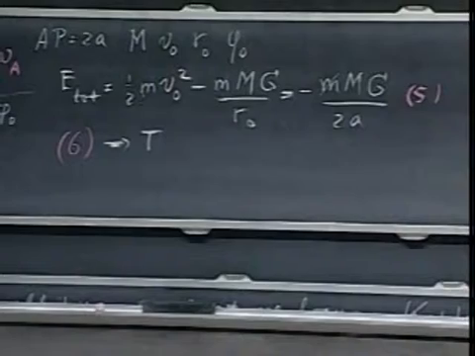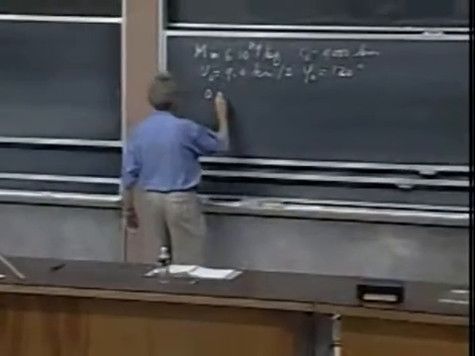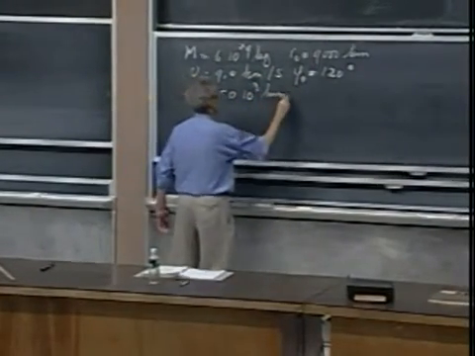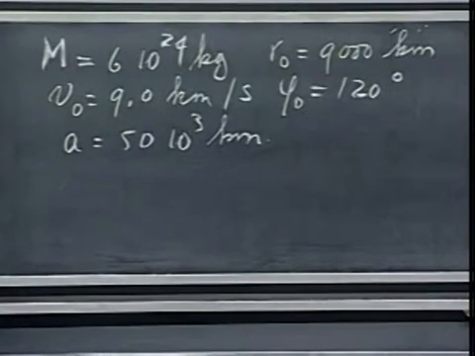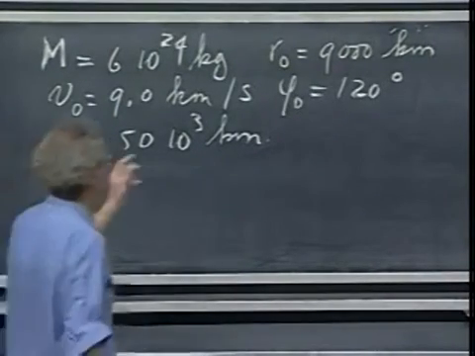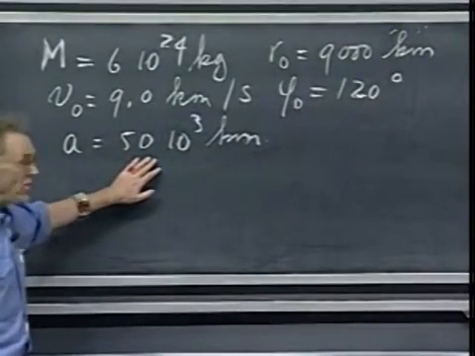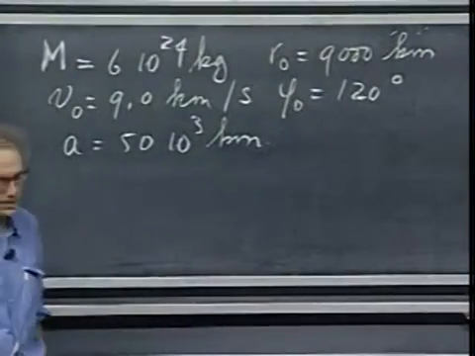You can confirm them and check them at home. And I find that a is quite large. a is about 50,000 kilometers. That's huge. That is almost infinity, not quite. Remember, it starts off at 9,000 kilometers, but a is 50,000 kilometers. That means 2a is 100,000 kilometers.